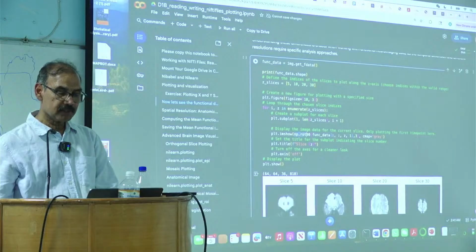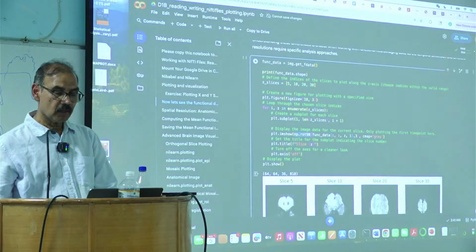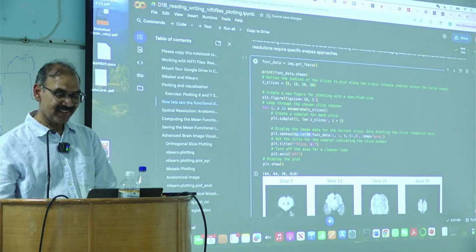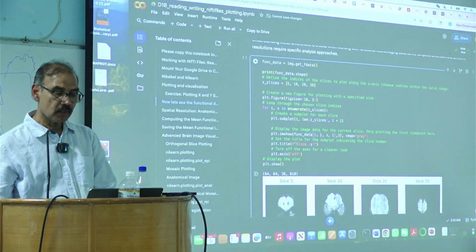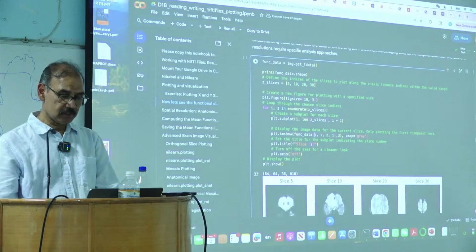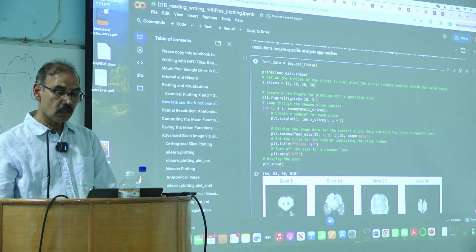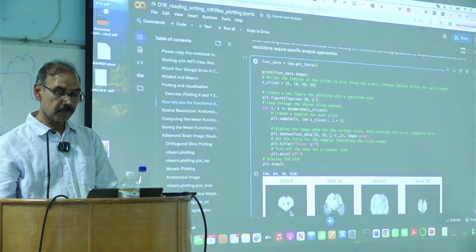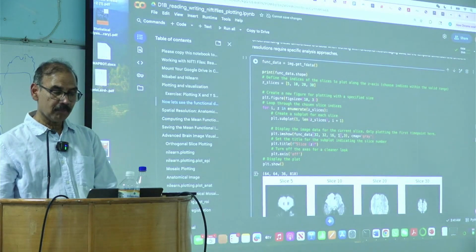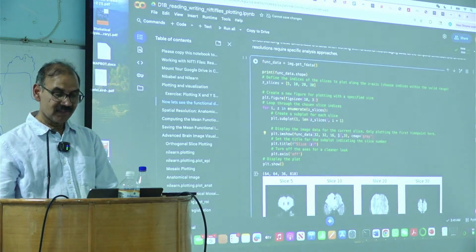Okay, maybe this is not needed, right? imshow functional data and then colon. So instead of colon comma colon, which will display the images, we wanted 32 comma 32 comma I think 16, then comma colon.